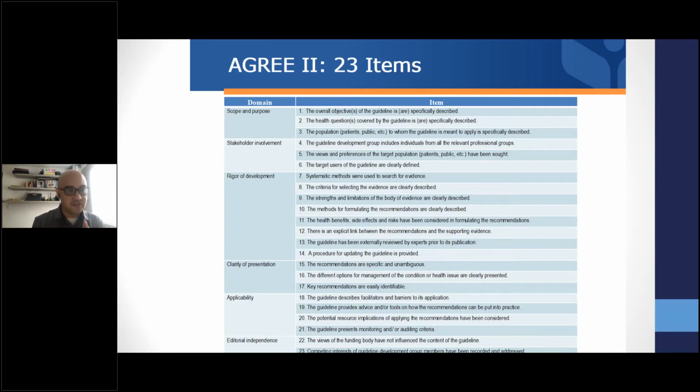So for each one of the 6 domains, we're going to have a percentage from 0 to 100%, 100% meaning the best score possible. That means that the guideline covered this specific domain really very well. So at the end we're going to have 6 proportions, one per domain, not per item. Next, please, and next, please, Amir.